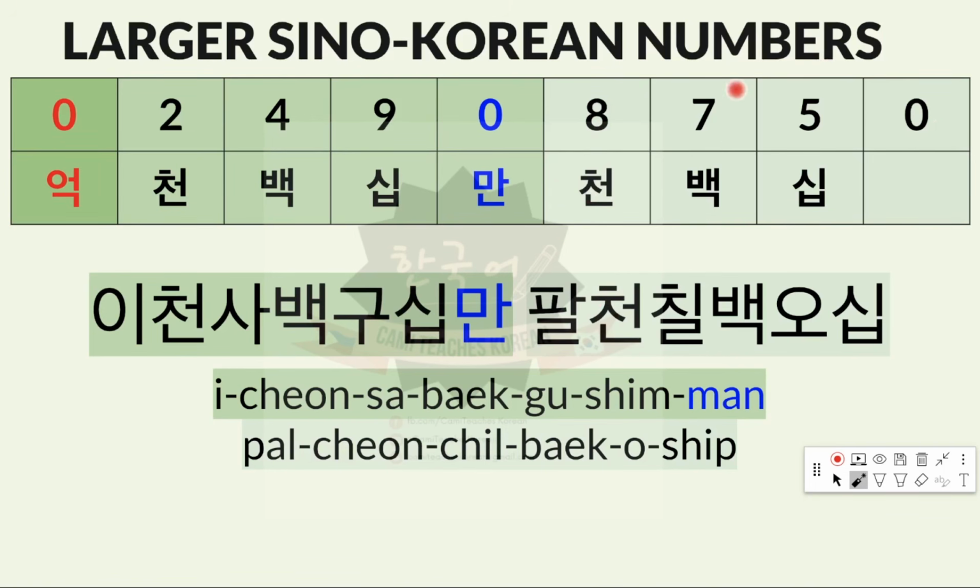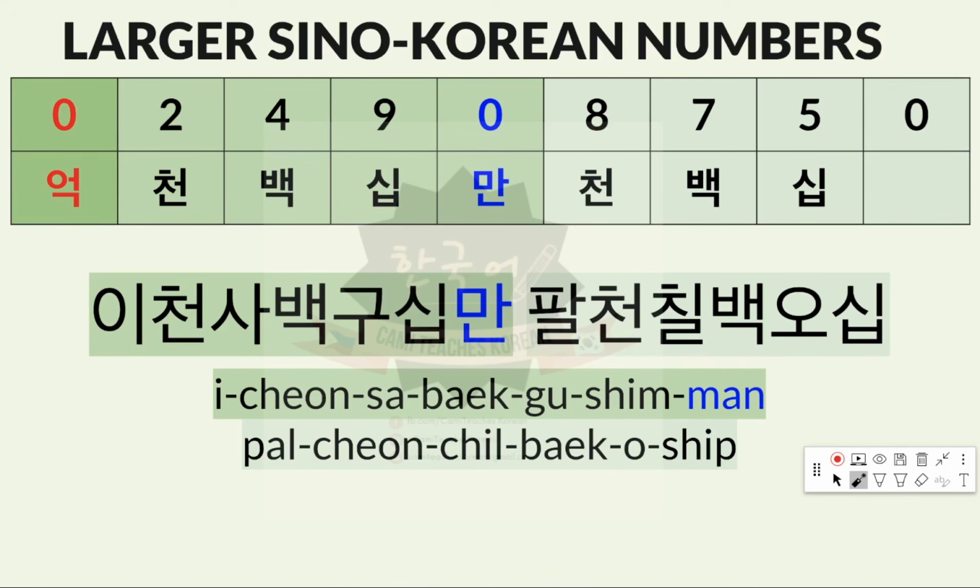Then, 750, 700, 700, 50 ay 50. So, this value po, 24,908,750 ay 2,498,750. Ang haba, no?